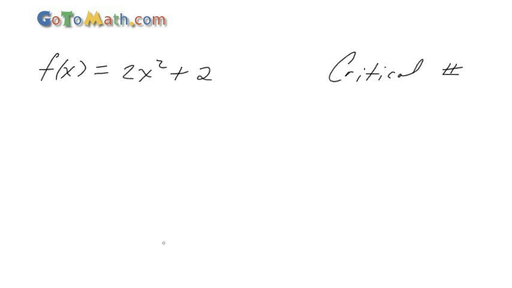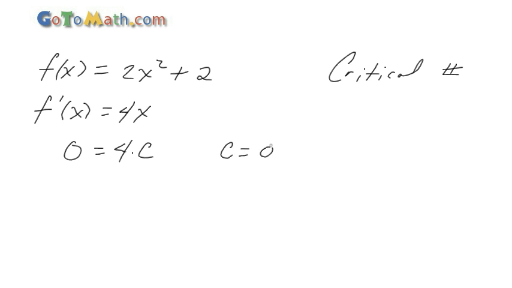Okay, let's find the critical number, and that means that we're going to take the derivative. So we have 4x, that's the derivative, right? Set it equal to 0 and then find the solution set. Now remember we'd let c equal x. Now it turns out that the critical number is 0, right? Because 0 times 4 is 0.